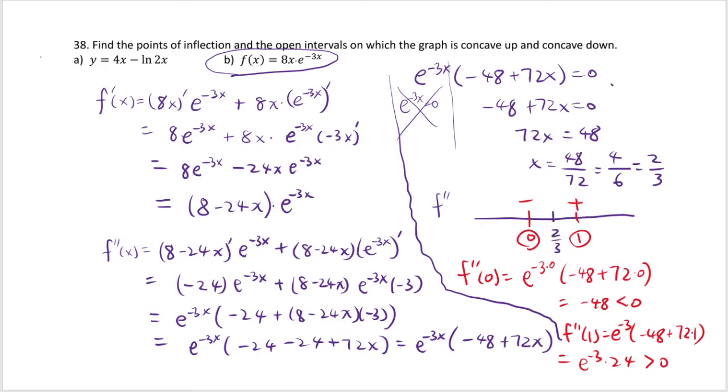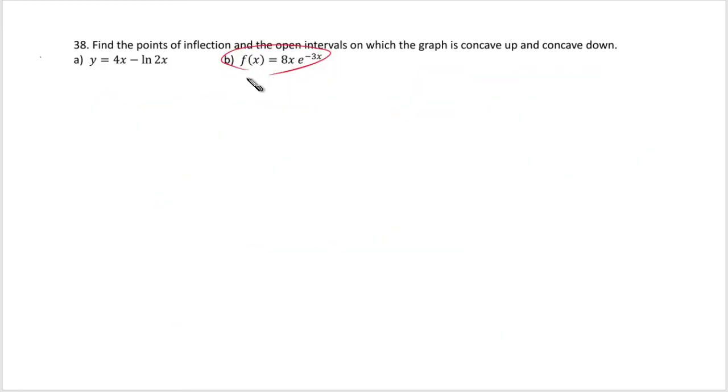So here's the result so far: before 2/3, f double prime is negative, and after 2/3, f double prime is positive. So f is concave down before 2/3 and concave up after 2/3. That means x equals 2/3 is an inflection point.